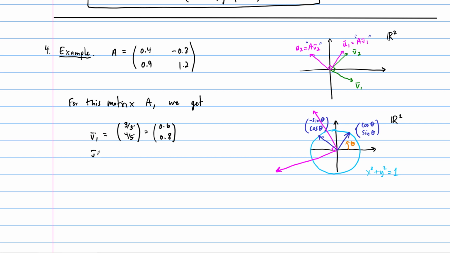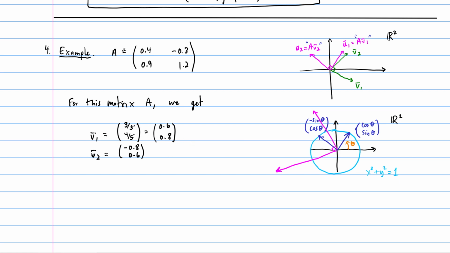And v2, similarly, is going to be very similar: minus 0.8 and positive 0.6. Once we know this one, you can, just by comparison, get this one, because that's the way it's going to work for a 2x2 matrix. So I'm just giving us these.